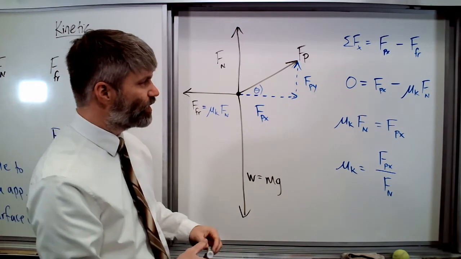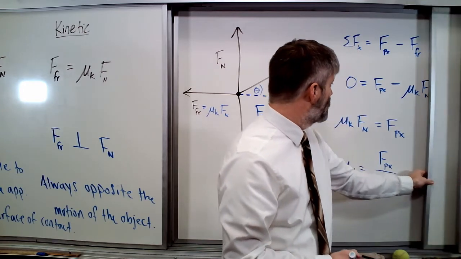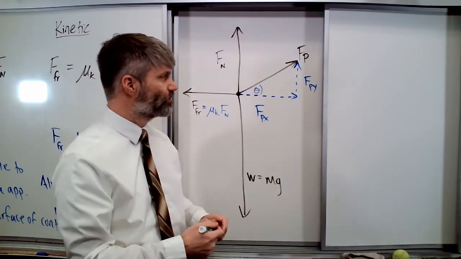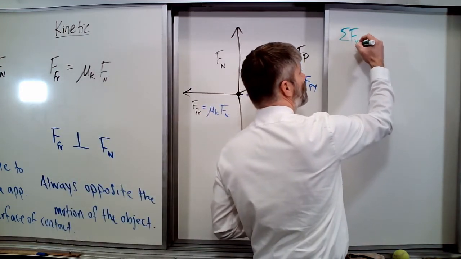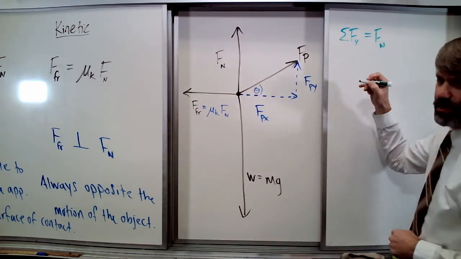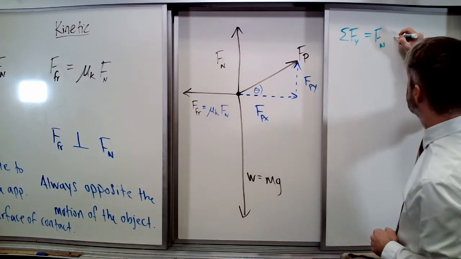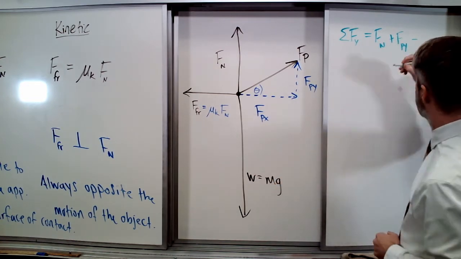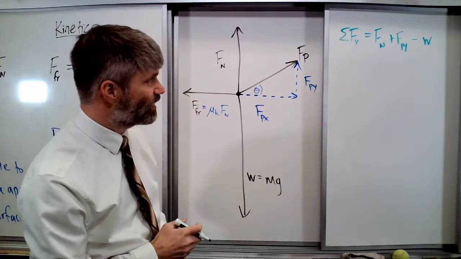So when we're trying to find the normal force, we're going to have a new set of equations for what's happening in the y direction. So, the sum of the forces in the y direction, well, we've got the normal force upwards, as usual, but now we also have this y component of the pull. And we're going to subtract from that the weight being in the negative direction in this case.